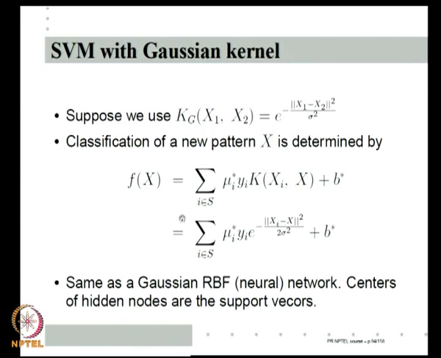So, this is exactly a Gaussian RBF network, and the centers of the hidden nodes are the support vectors. As you saw, when we did the RBF network, we said we actually want some relevant, very important vectors to become the centers. So, here the support vectors become the centers.